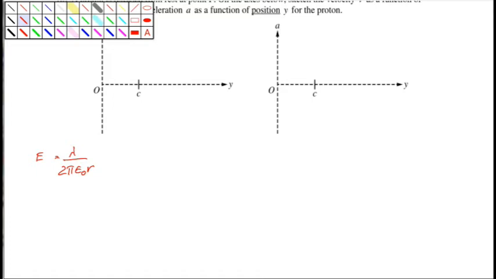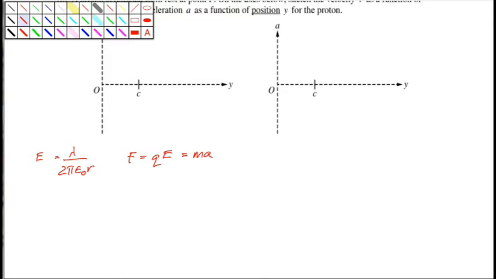So if our field is lambda divided by 2 pi epsilon naught R, then the magnitude of force is going to be Q times E, where Q is just the charge of the proton. And that's also equal to ma. Force is equal to mass times acceleration.